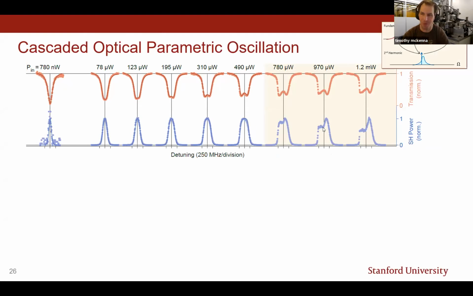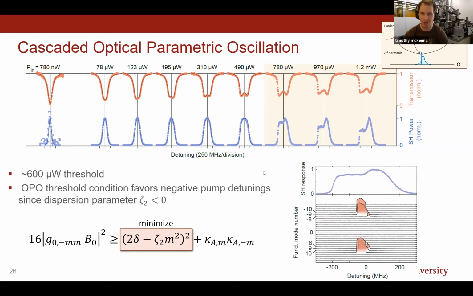So we're seeing a drop in power that's a function of laser detuning. This sounds pretty good, because we just looked at parametric oscillators where you pump the second harmonic, and we saw that the modes that oscillate are a function of laser detuning. Let's explain this a little more. This cascaded parametric oscillation happens around a 600 microwatt threshold. The OPO threshold condition favors negative pump detunings since our dispersion parameter zeta is negative.